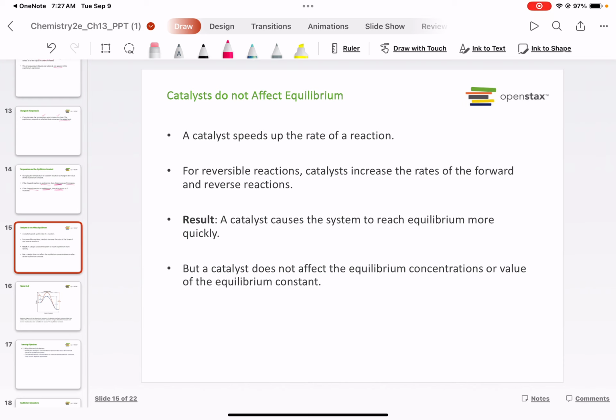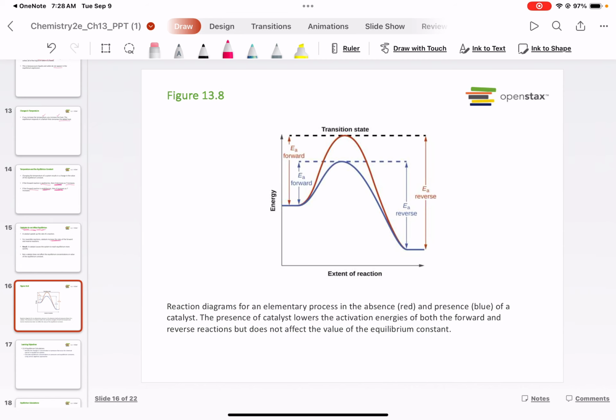Catalysts. Notice catalysts do not affect the equilibrium. They help to increase the rate only, but not the equilibrium. So the equilibrium will be reached a lot faster with the catalyst. And this is about the rate. This one shows the reaction with the catalyst, the blue one, and the red one without a catalyst.